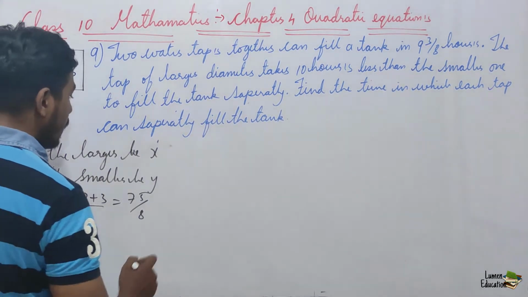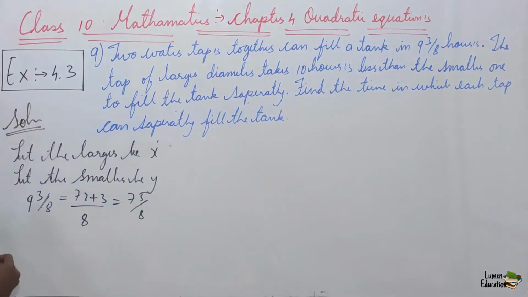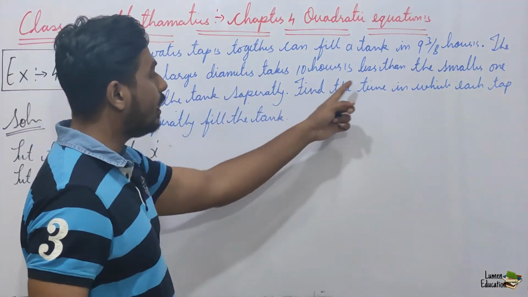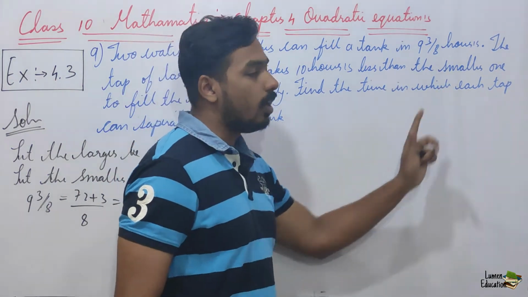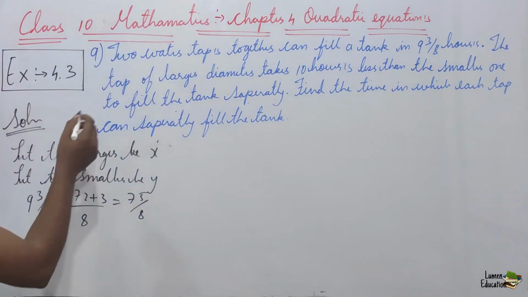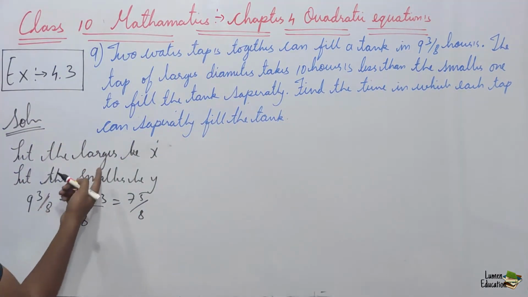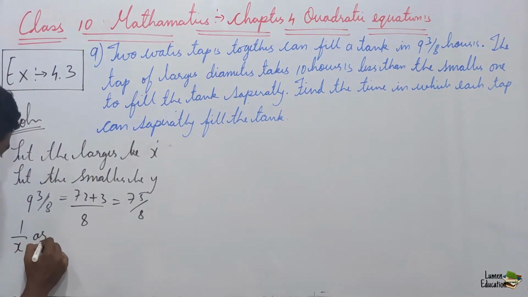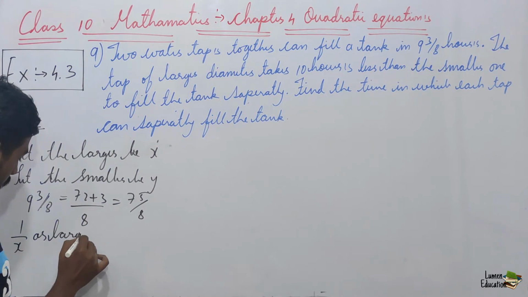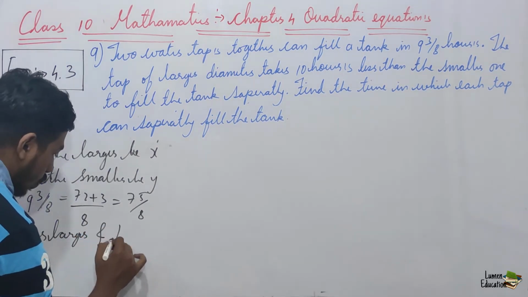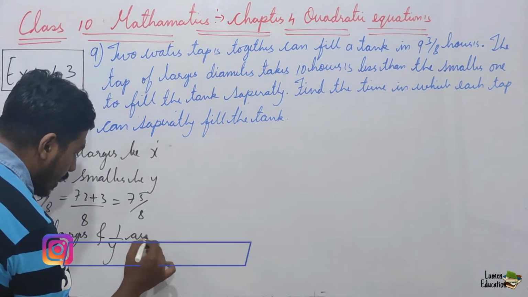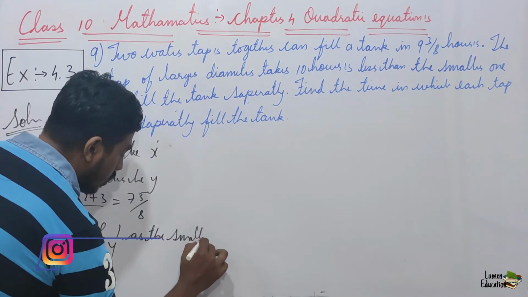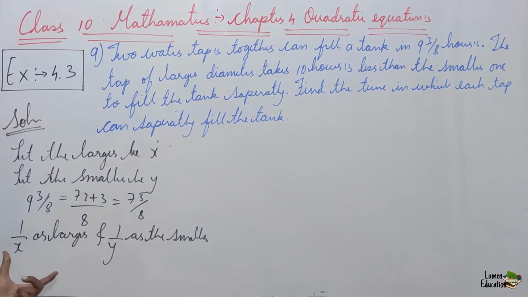Now, the tap of larger diameter takes 10 hours less than the smaller one. So I will take the time of the larger tap as 1 by X and the smaller as 1 by Y. Next we prepare an equation.